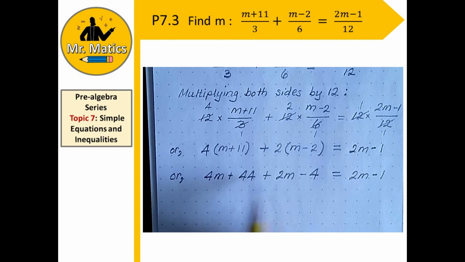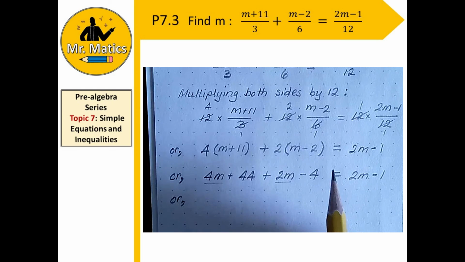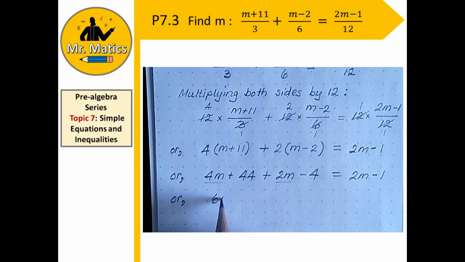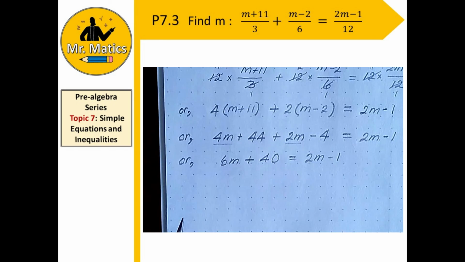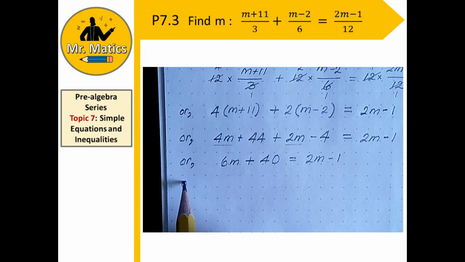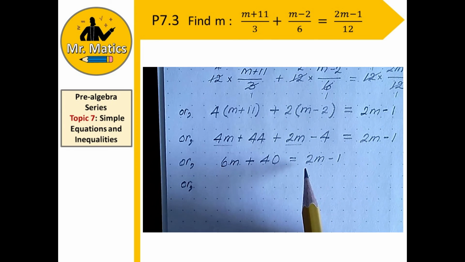Let's simplify the left side a little bit more. Like terms, 4m and 2m can be put together as 6m, plus, and these are known quantities, 44 minus 4 is 40, equals 2m minus 1. Now we see that there is a 2m on the right side and 6m on the left side.